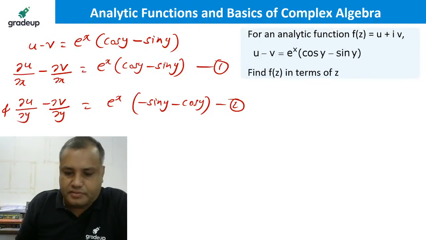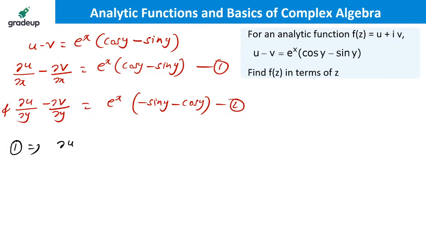Equation 1, we will apply Cauchy-Riemann equation in this. So del v by del x is minus del u by del y, correct? So minus minus plus del u by del y. So right hand side remains same.